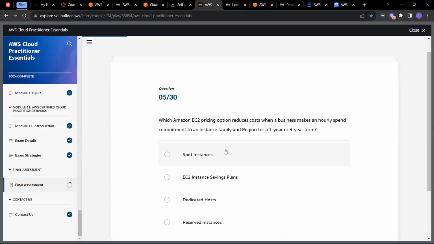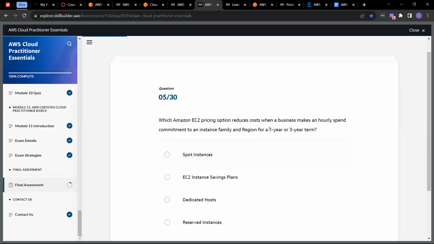Which Amazon EC2 pricing option reduces cost when a business makes an hourly spend commitment to an instance family and region for a 1 year or a 3 year term?